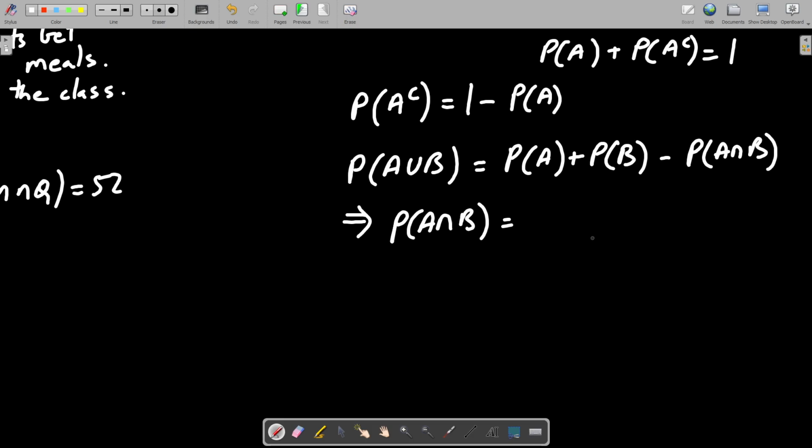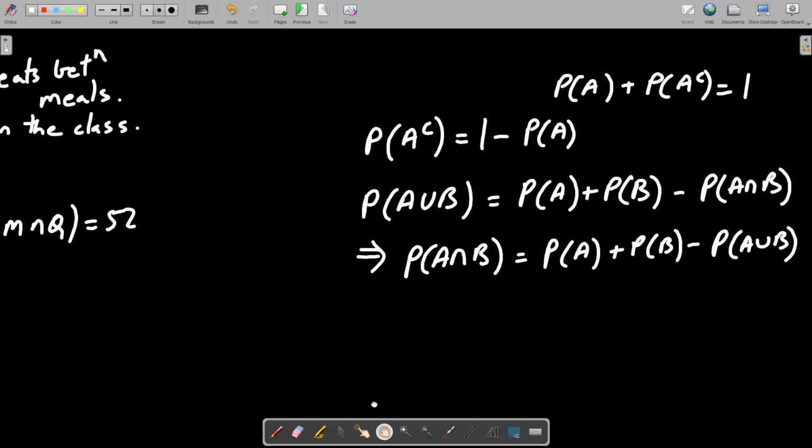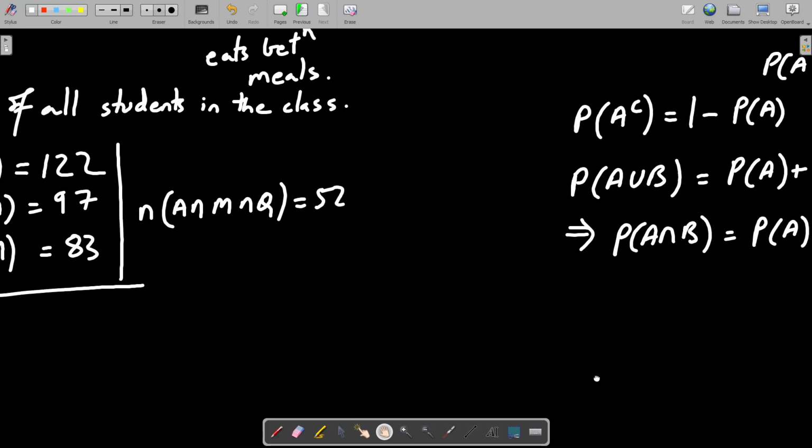Just rearrange the terms. This will become probability of A plus probability of B minus probability of A union B.